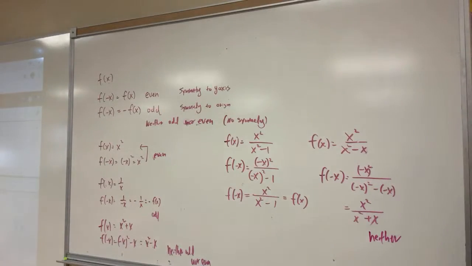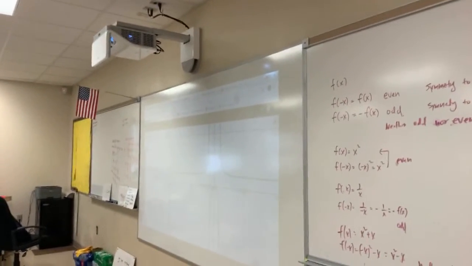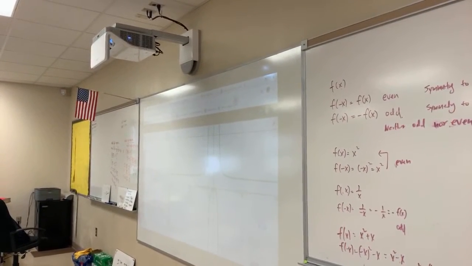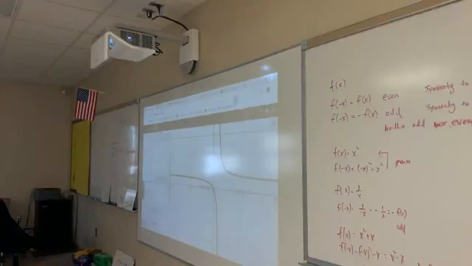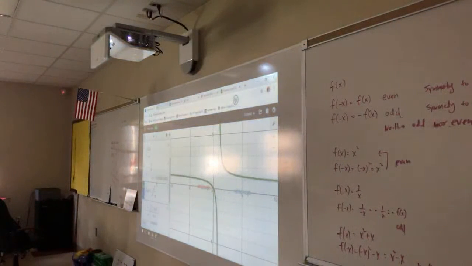And if you graph it, it's going to be x squared minus x. Look at the graph. Whoa, this graph is interesting though. That's cool. This graph, I think, is a soft inverse.